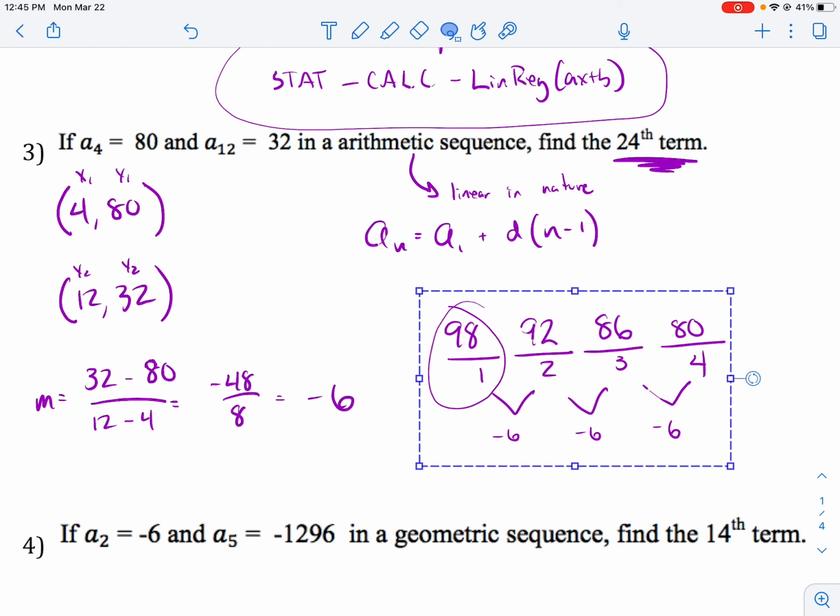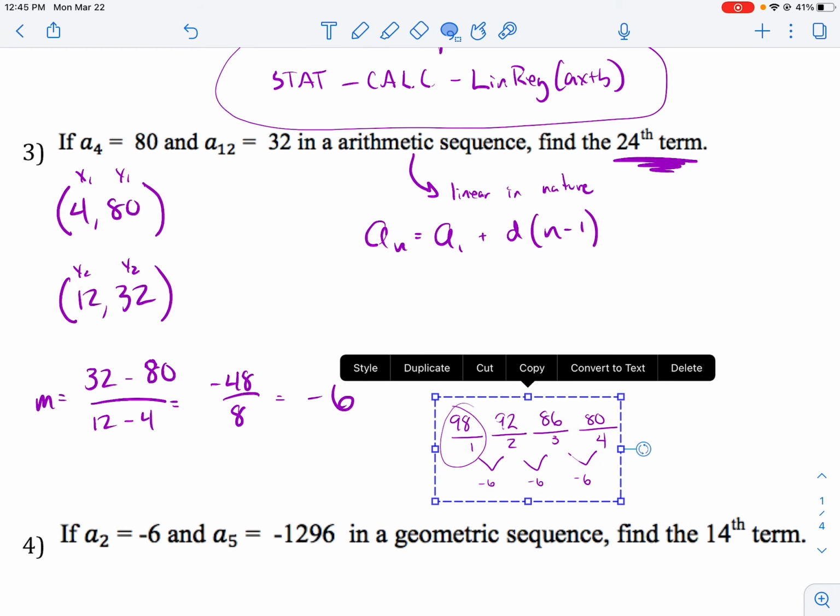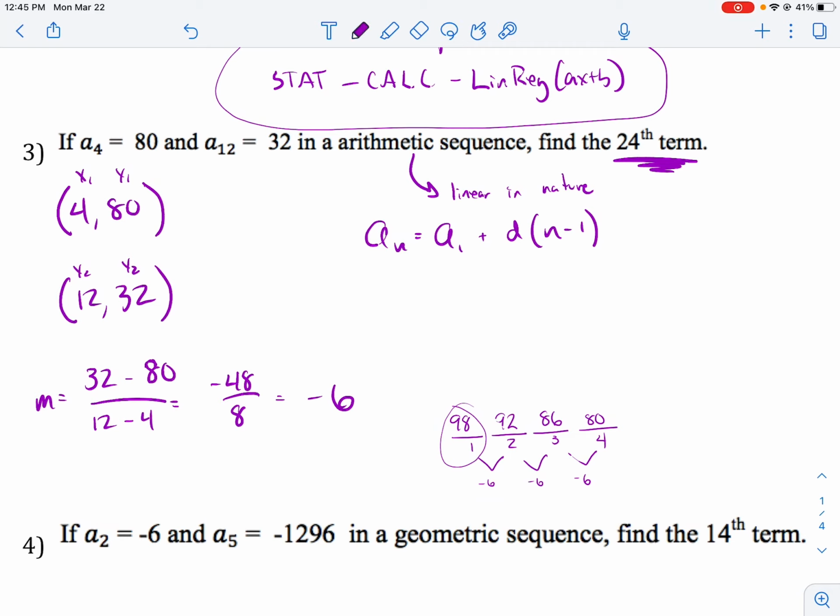We shrink this down here. We don't need that so large. All right, so this is going to be a sub n is equal to our first term, 98, plus our d value. So I'm going to turn that to a minus 6, and n minus 1. And we're looking for our 24th term. So you can either plug this into your calculator using your y equals.